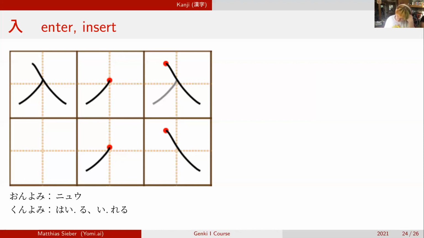Sometimes what you see is actually that the hiragana is not there in iriguchi, but this is the version that Genki teaches. Iriguchi.